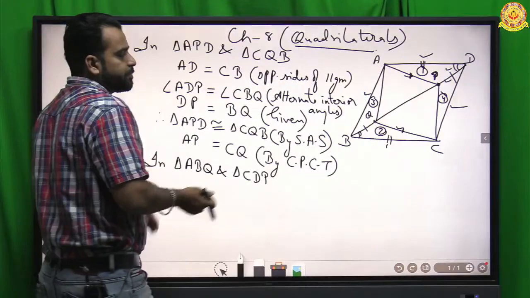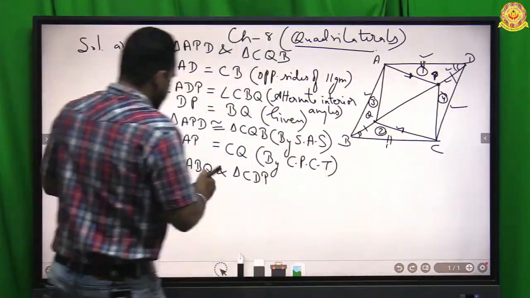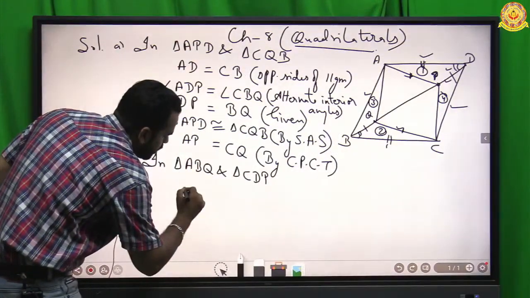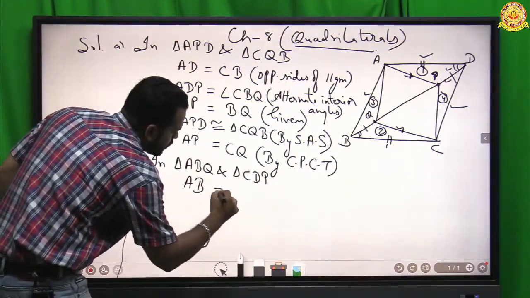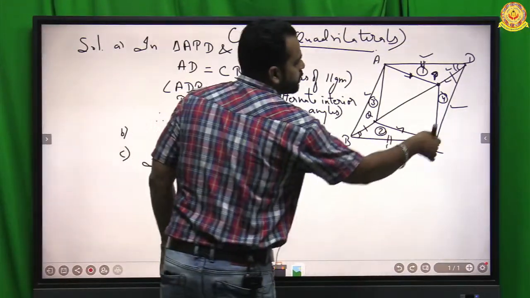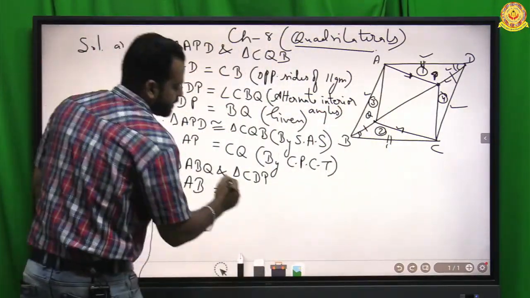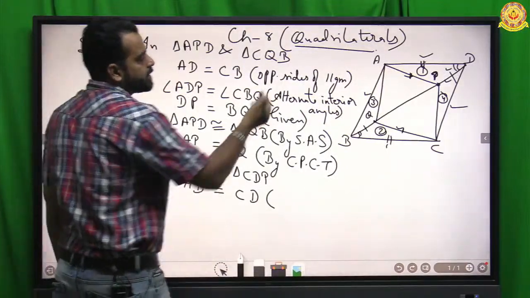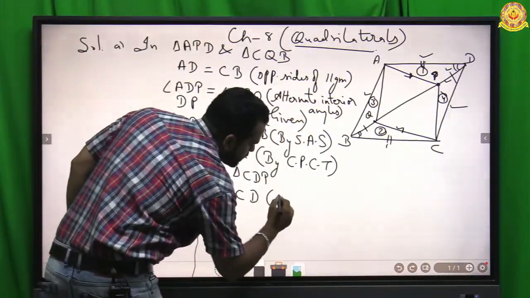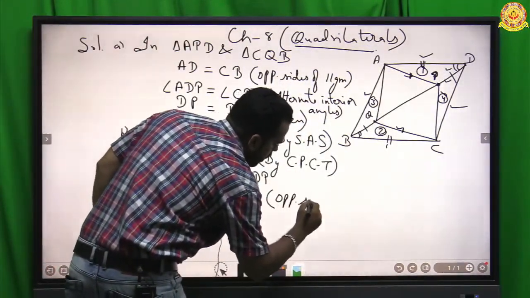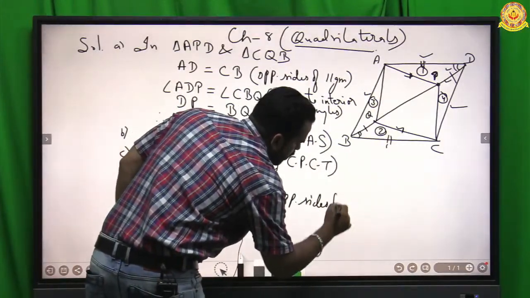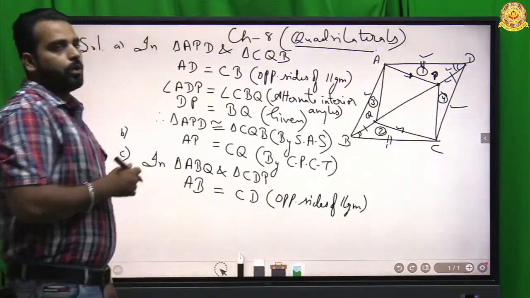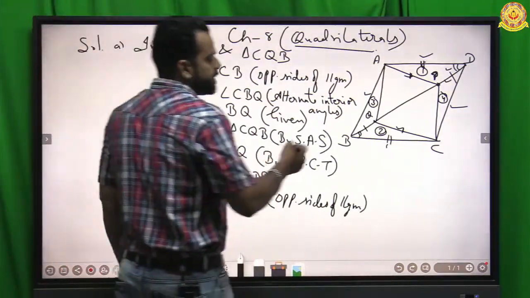So the same statement we can write here, that in this triangle ABQ, the line segment AB is equal to CD, isn't it? Okay, and the reason is because opposite sides of a parallelogram are equal.